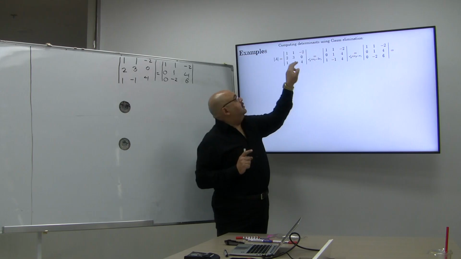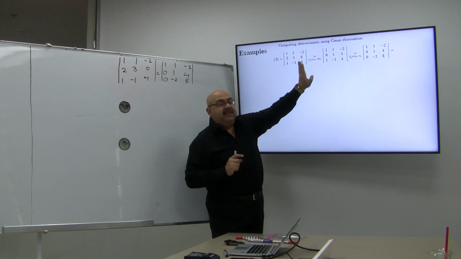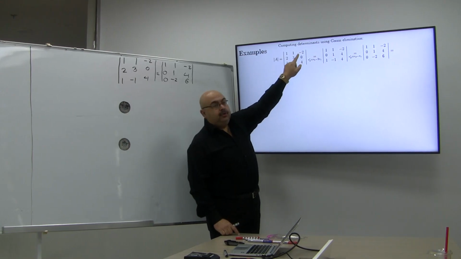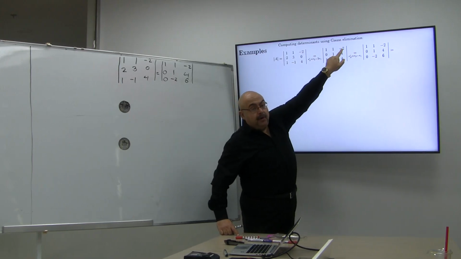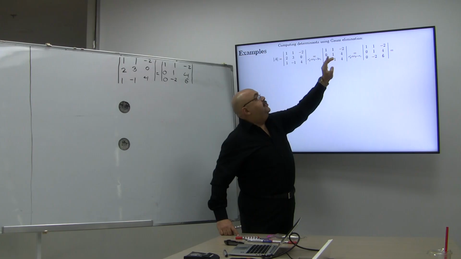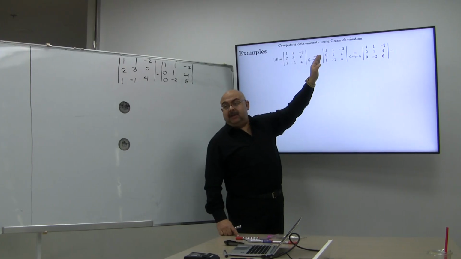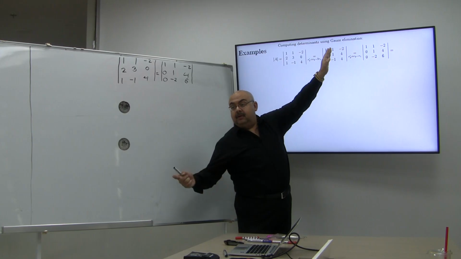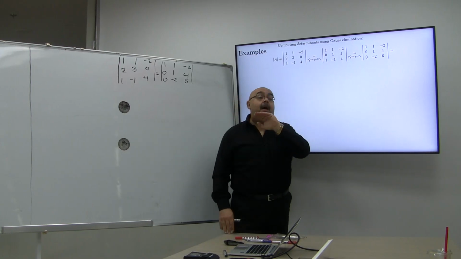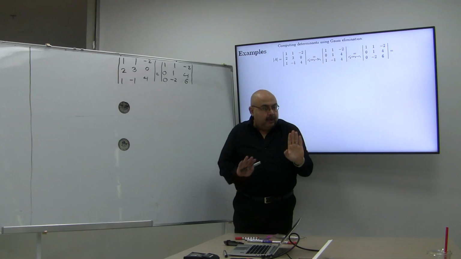If I multiply this row by a number and leave it, so if I want to multiply the first row by 2, it will be 2, 2, negative 4, and the value of this determinant will be multiplied. This one will equal 2 times this value, and so on. But if you add a multiple of a row to another row, it will be the same.